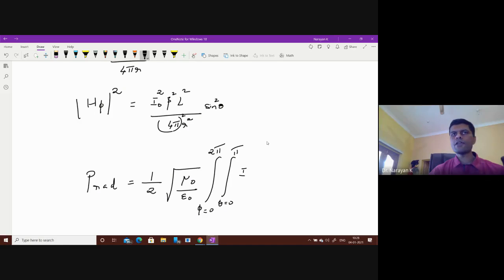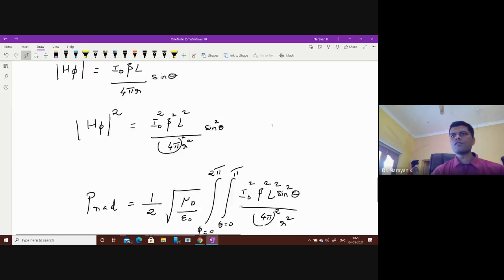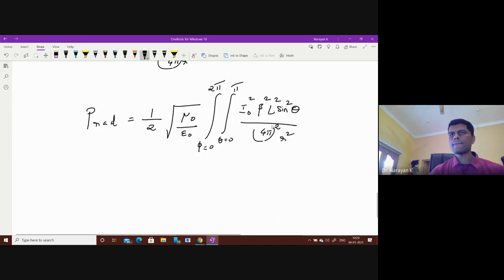This H of phi will be I naught square beta square L square sine square theta divided by 4 pi square r square, into r square sine theta d theta d phi, the surface integral.